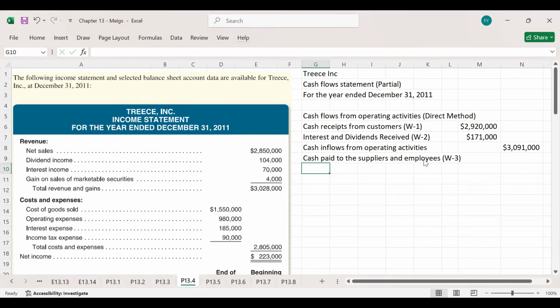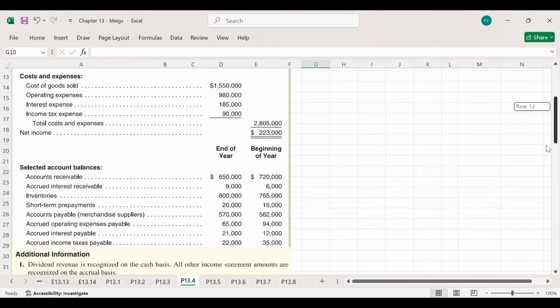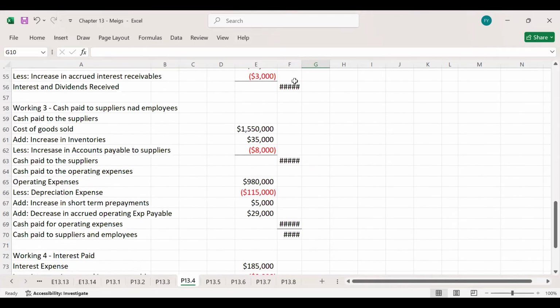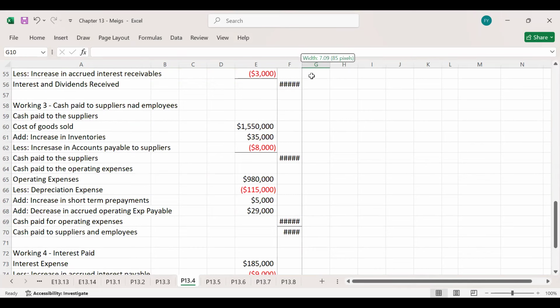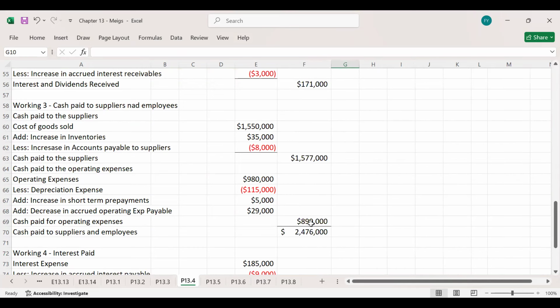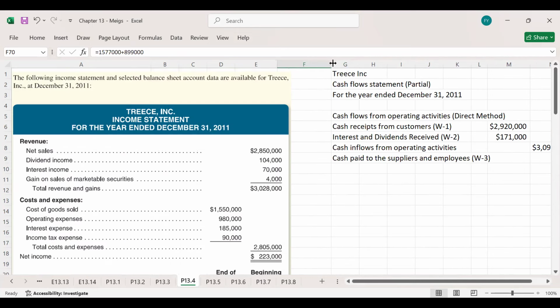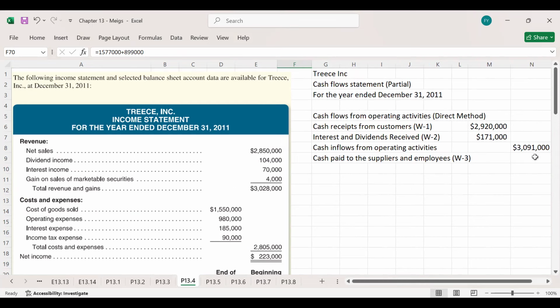So we can check how much cash paid to the suppliers and employees, the total here, this one, 2476. So we have in the inner column $247,600.